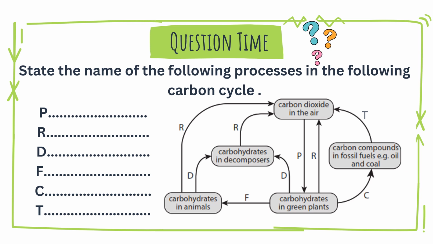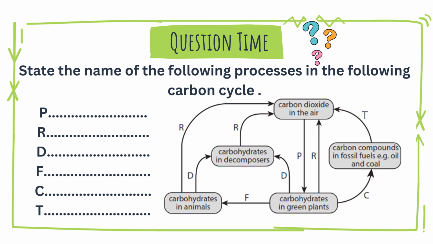Question time. Let's see who was focused with us throughout the session and will be able to solve the upcoming question. State the name of the following processes in the following carbon cycle. The most important thing in this question is that you have to concentrate on the direction of the arrow, as we are following the carbon atom from one place to another. The arrow refers to the direction of movement of the carbon atom.